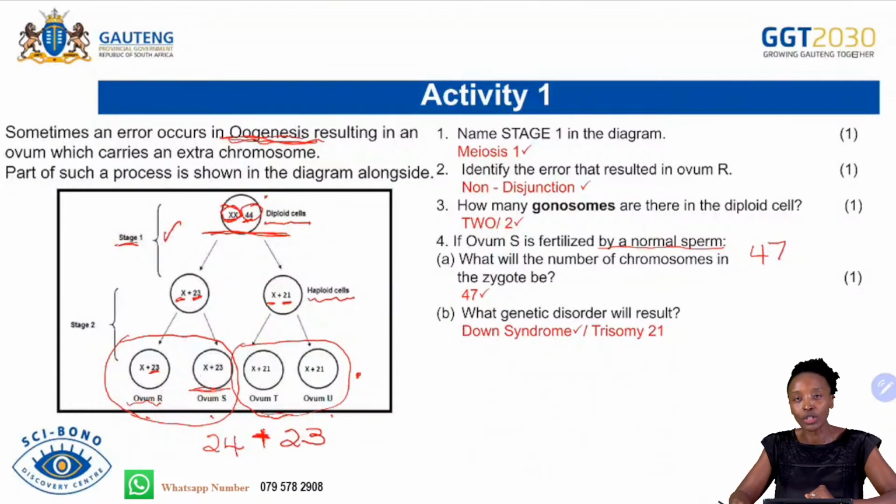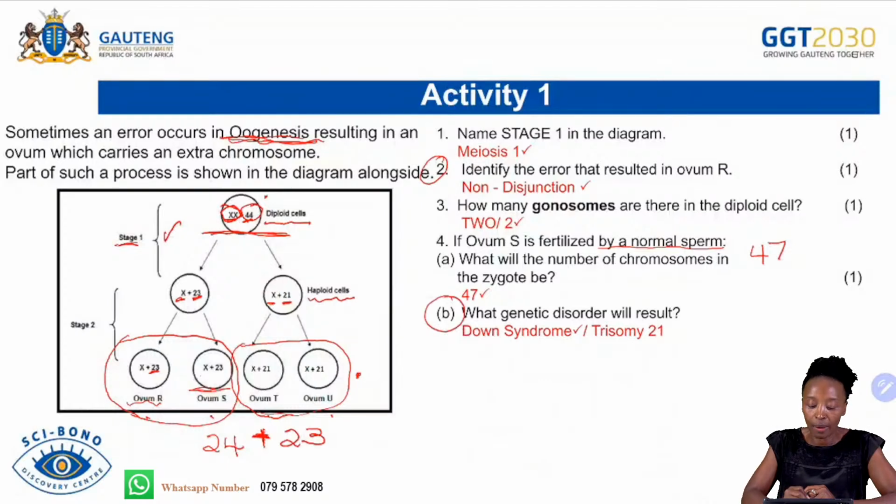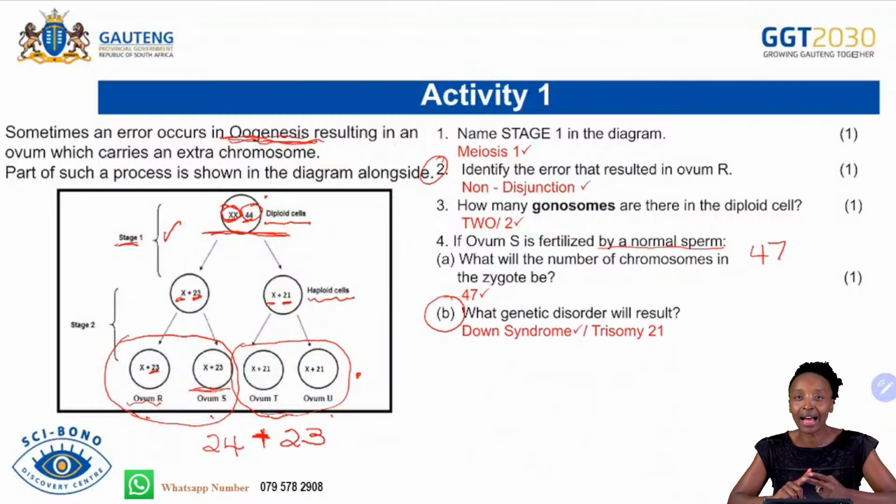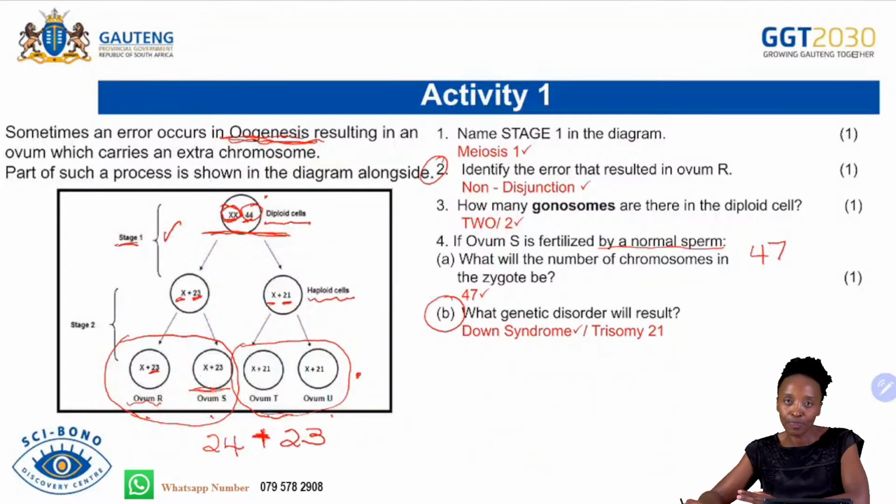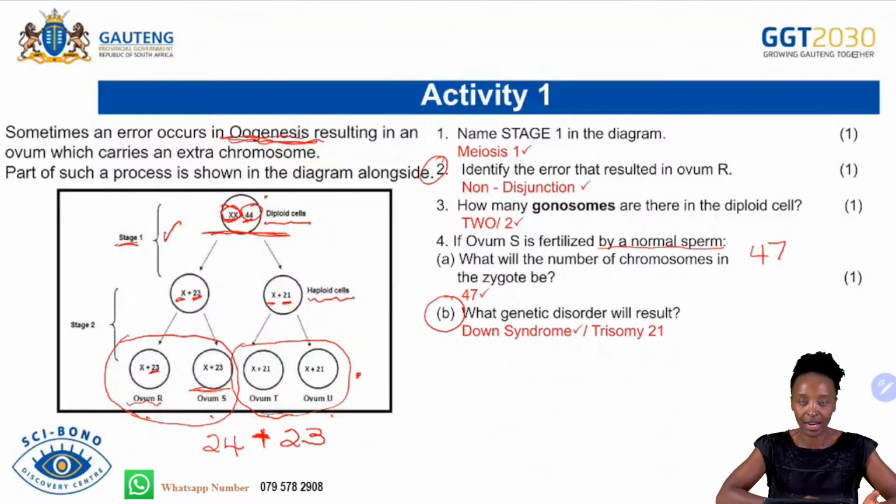So the reason why we chose this activity, we wanted to highlight 2 things. If you look at question number 2, it said, what is the error? And 4.4b says, what is the genetic disorder? So guard against answering these questions incorrectly. What causes Down syndrome is non-disjunction.